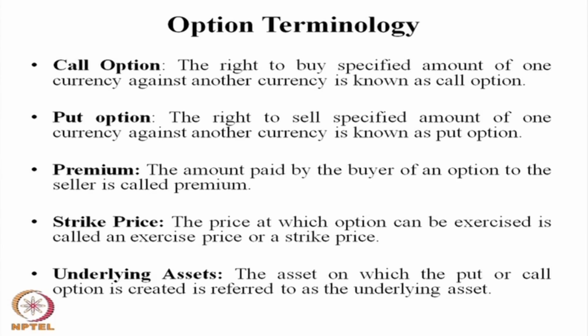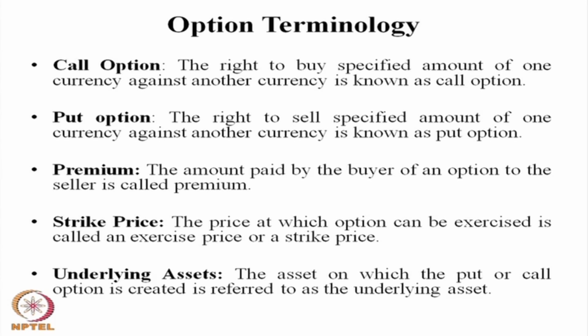When a person buys a put option, it means he has some currency and wants to exchange it against another currency. Suppose an exporter will be receiving US dollars after 1 month.